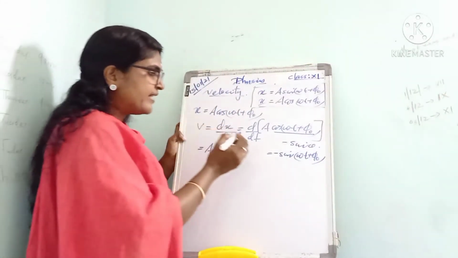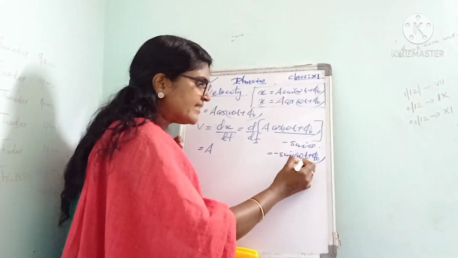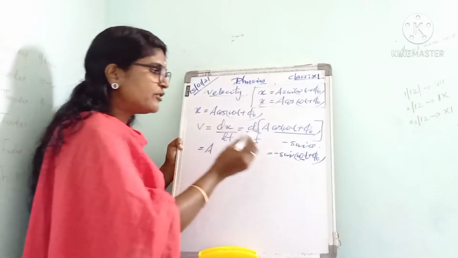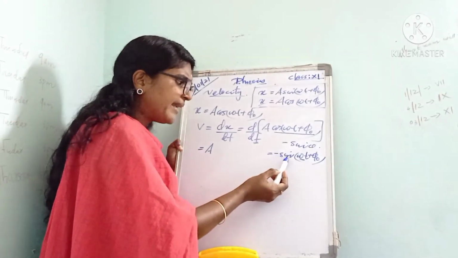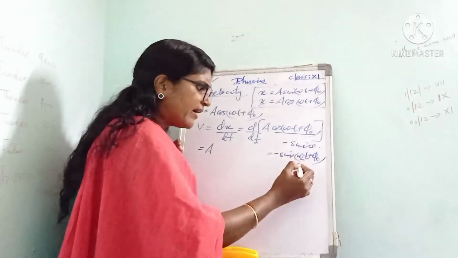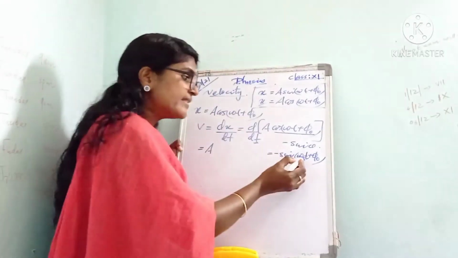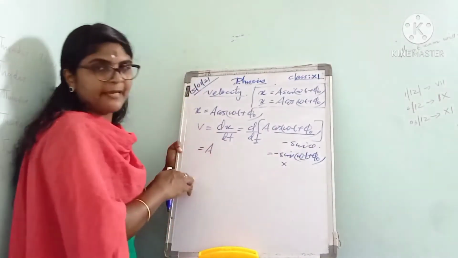Here we are differentiating with respect to time. First we differentiate the cos theta, so we get minus sin(omega t plus phi 0) into the differential of omega t also, because it is the term containing time.